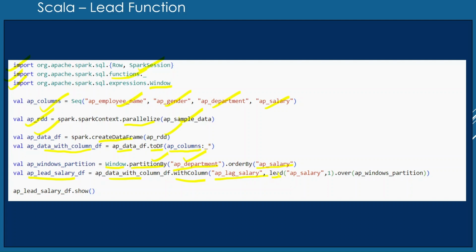What I am saying is: take the value of salary and get the value of the next row, the succeeding row. One means the next value of that succeeding row. Take the value and populate it in this table. But to do so, first partition the data with the help of a window.